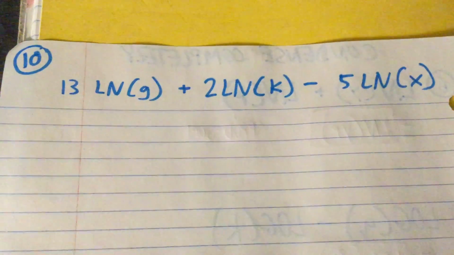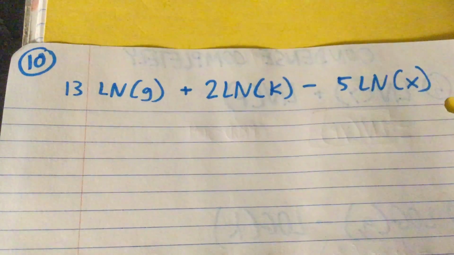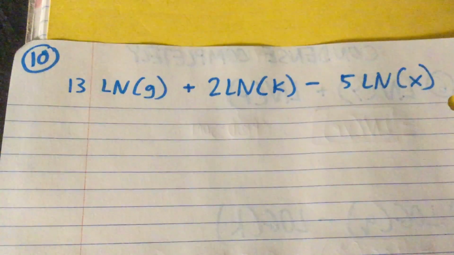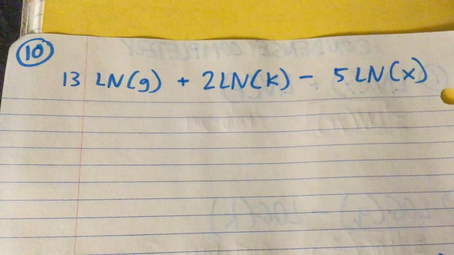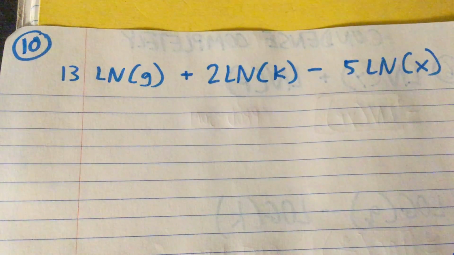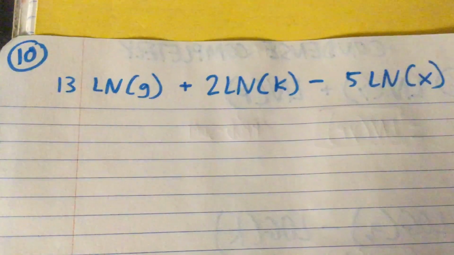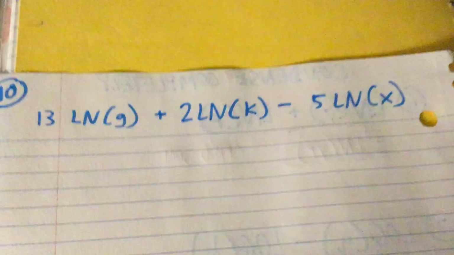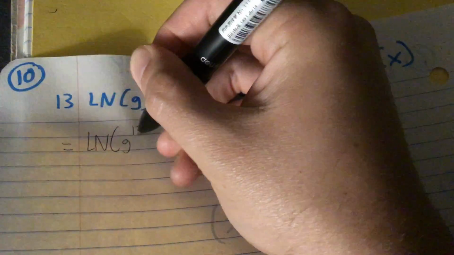13 natural log of g plus 2 natural log of k minus 5 natural log of x. What do I need to do to condense this into one neat little logarithm? Well, all these factors out in front mean that they were originally going to be exponents. So let's make this the natural log of g to the 13th power.